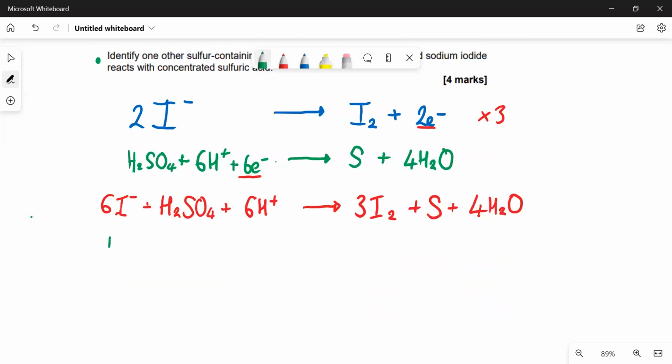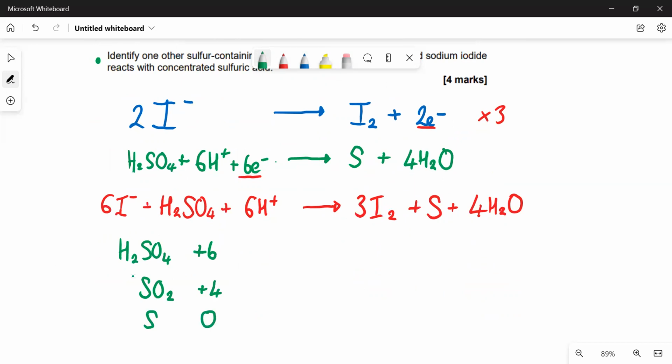Right, so starting off with the sulfuric acid there, in which the sulfur has got a +6 oxidation state. Well, it can reduce it to sulfur dioxide, which has got a +4 oxidation state. It can reduce it to sulfur, as we've seen there, which is 0.